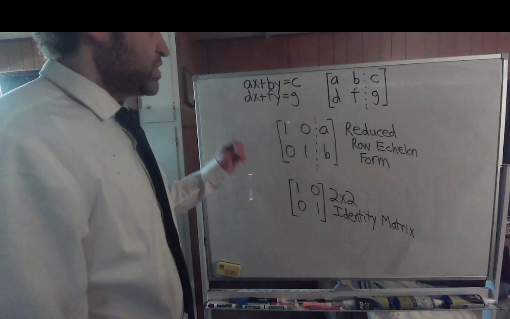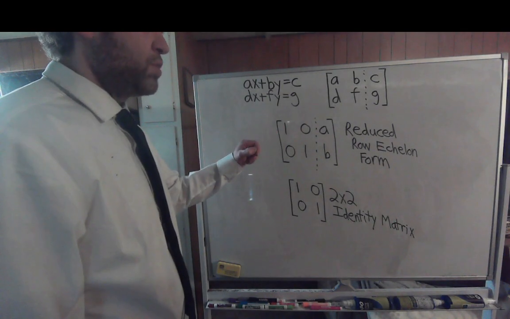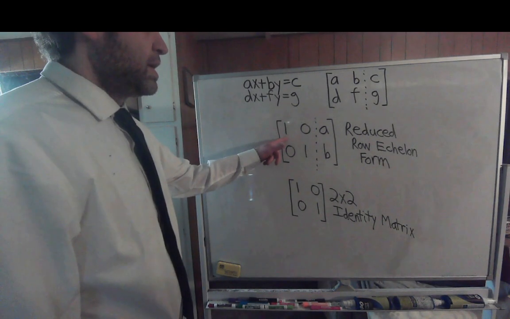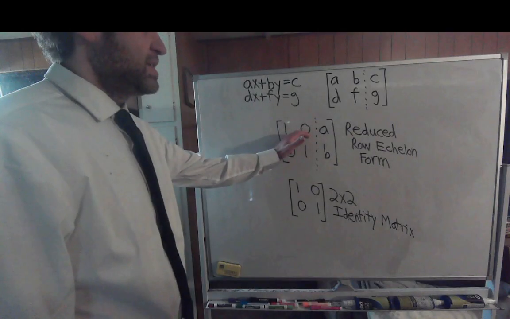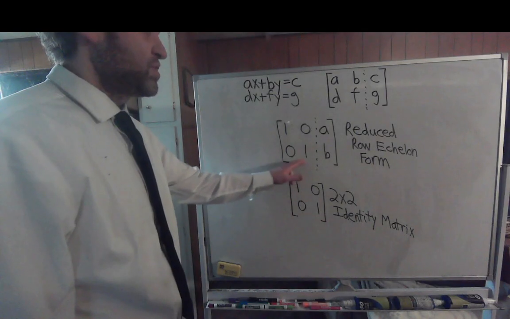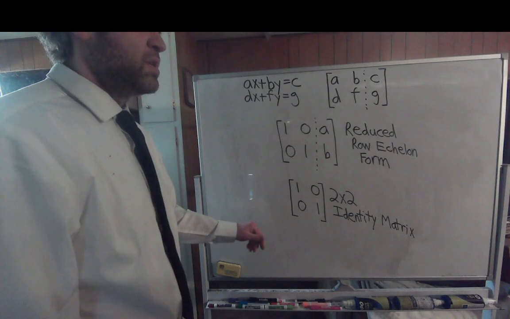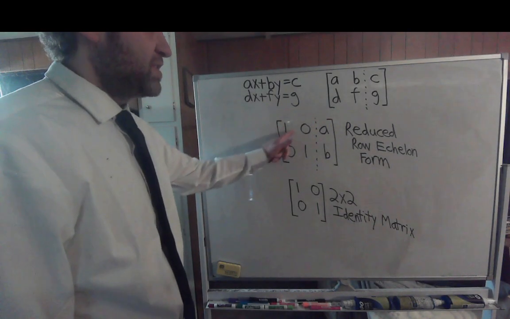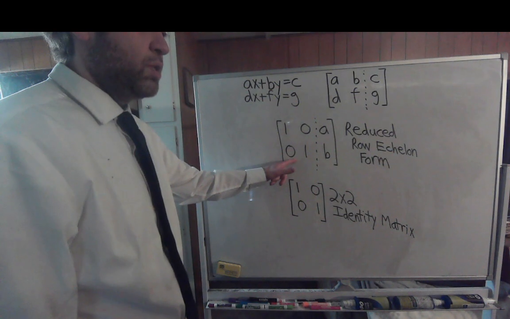So in row echelon form, in the first row, the first digit's a 1, always a 1, and then the second digit is a 0. In the second row, your first digit's still a 0, but your second digit's a 1. So your first leading 1 in the first row, you have a 0 to the right of it and a 0 below it.